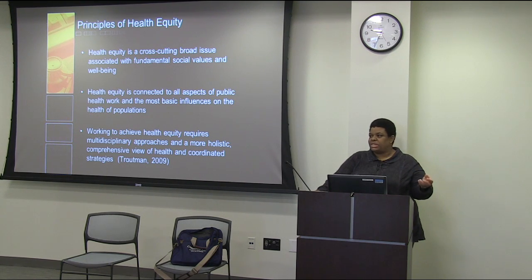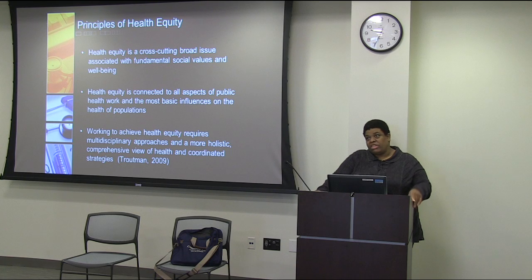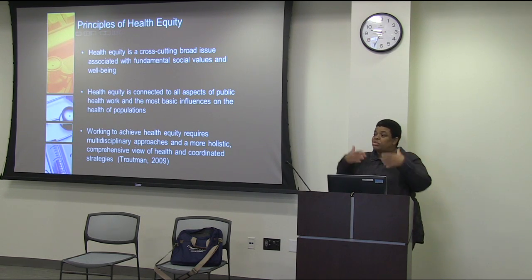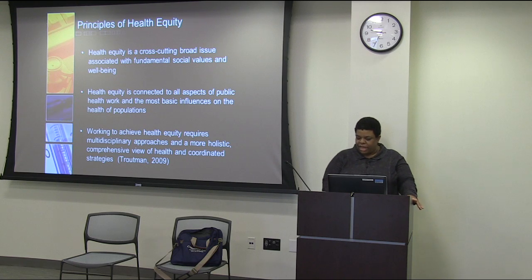Sure, they're free from disease, but maybe they're connected spiritually. What's their social support like? Are they financially fit? Do they have a job where they're able to make a living wage? All of those things contribute to this picture of health that we say we want everybody to have access to.